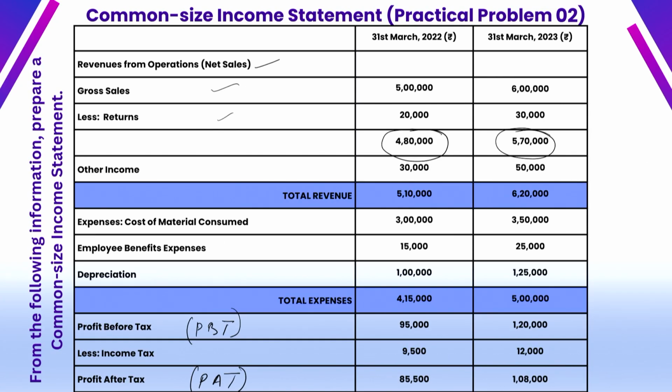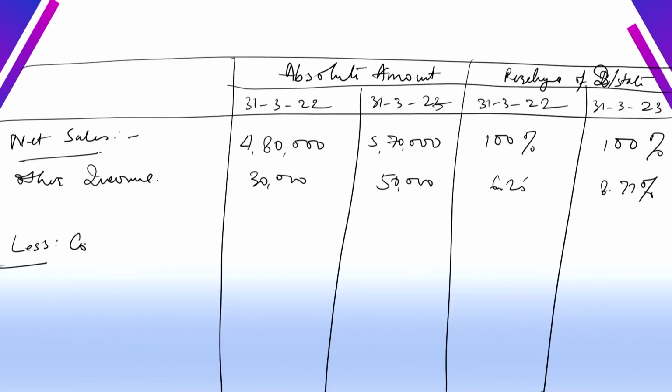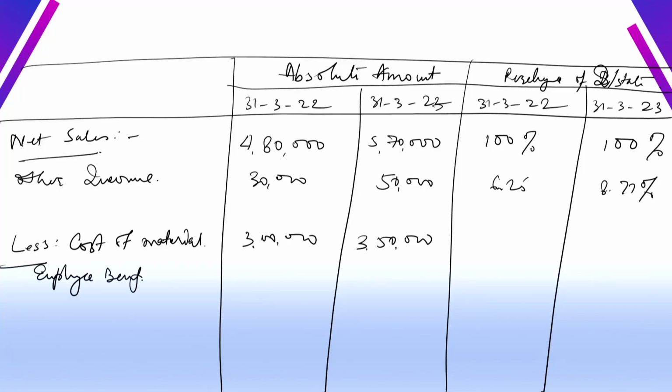The expenses that we have here are, first, the cost of material consumed, that is the basic raw material consumption, 3 lakh rupees, and for the current year it will be 3,50,000 rupees. Employee benefit schemes are there, which is also a cost for the organization, 15,000 for the previous year and 25,000 for the current year.